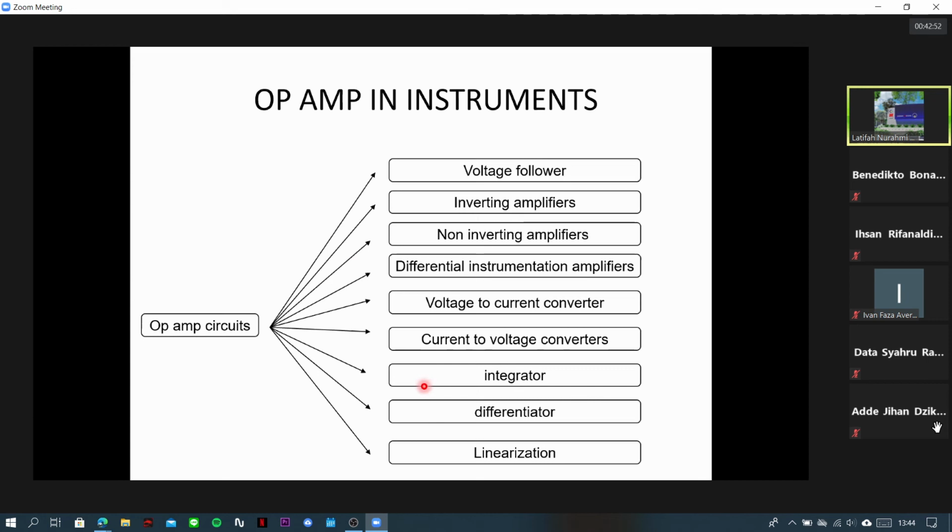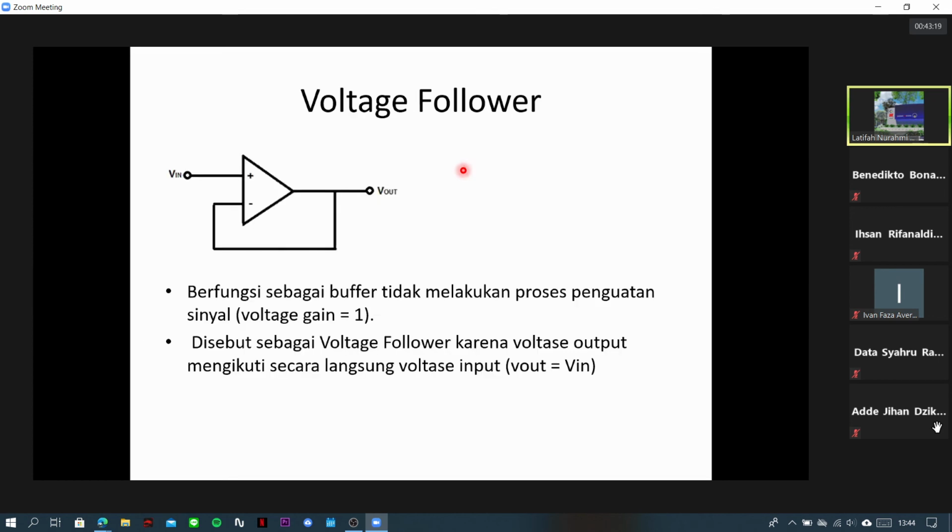So we'll discuss on Monday the voltage follower, inverting amplifiers, and non-inverting amplifiers. If I have more examples, we'll do some exercises on Monday regarding these three. The last chapter on Monday will be operational amplifier in instruments.